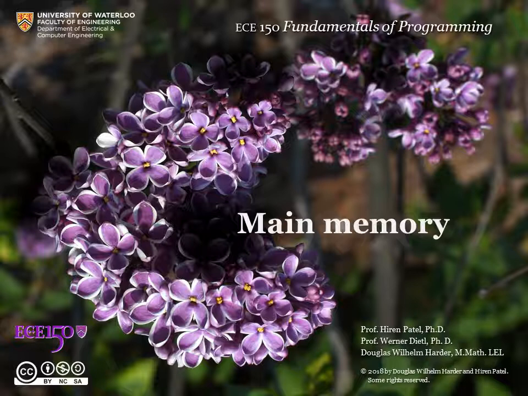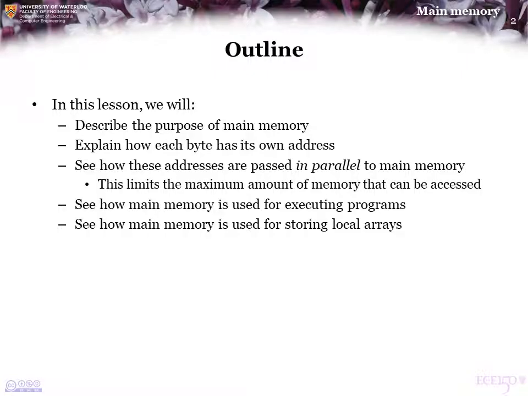In this topic, we're going to discuss main memory. We're going to again review the purpose of main memory, and we're going to see how in main memory each byte has its own address. We will then see how these addresses are passed from the processor to main memory in parallel.